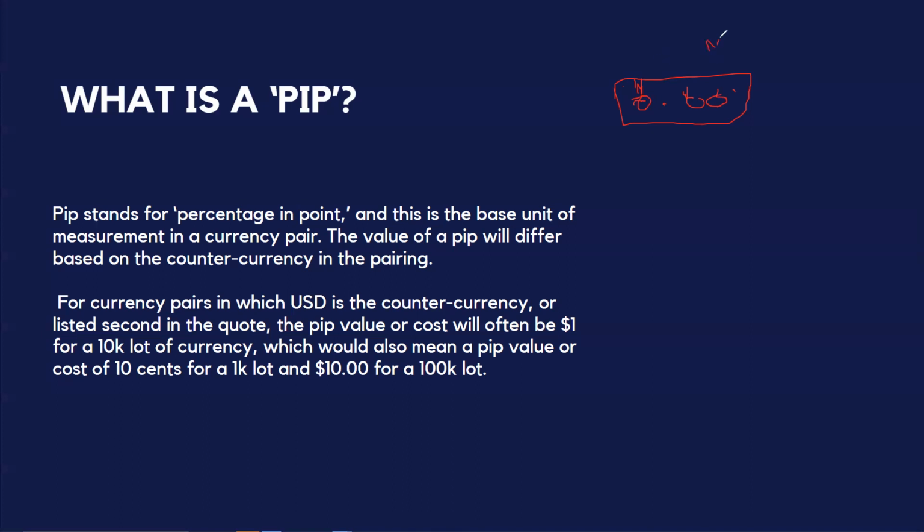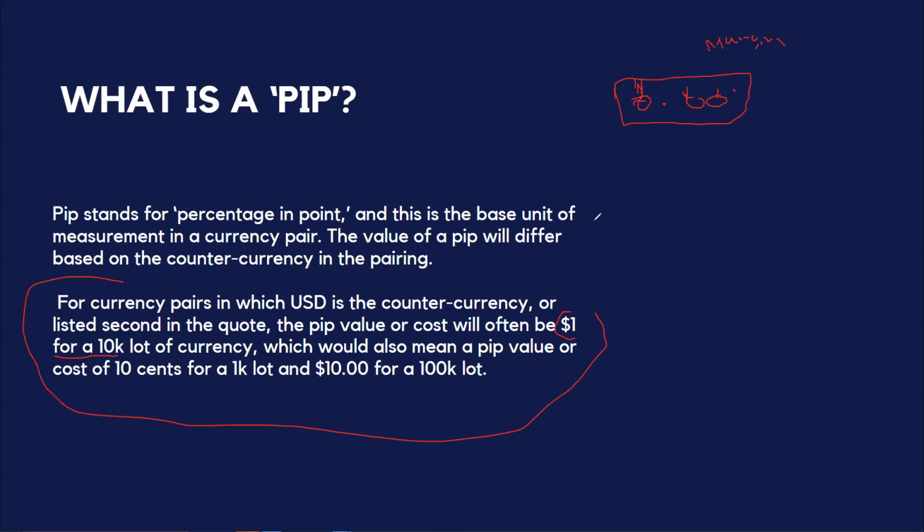Margin also means the amount of money required for you to open a certain position on the market. So this simply means that when you are calculating these lot sizes proportionally, it is $1 for a 10K, all right?